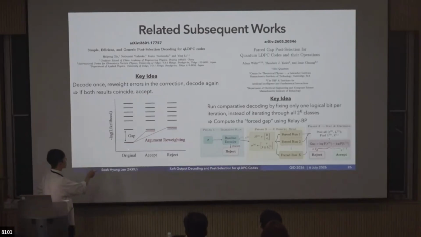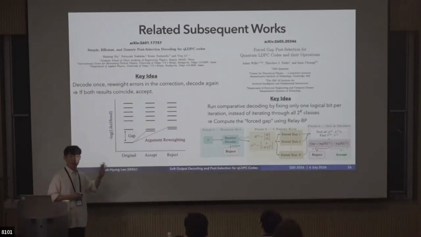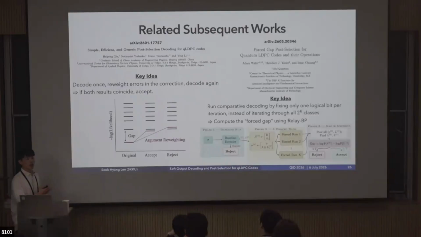Its idea is very simple. We decode once and then reweight errors that are included in the correction. I mean, increase the prior error rate of error mechanisms included in the correction, and then decode again. Visually it looks like this, supposing that each line corresponds to the likelihood of the logical classes.